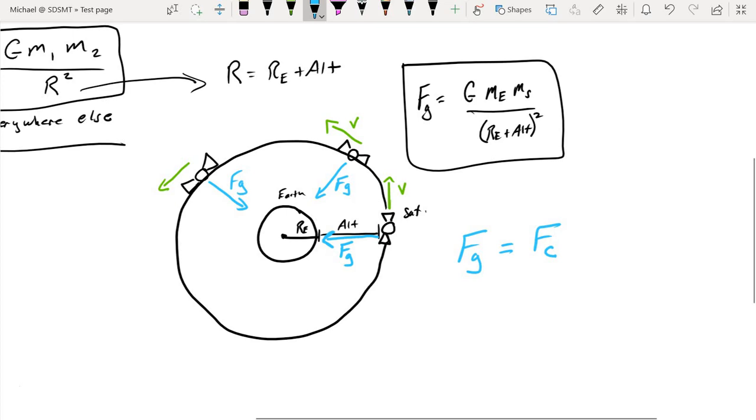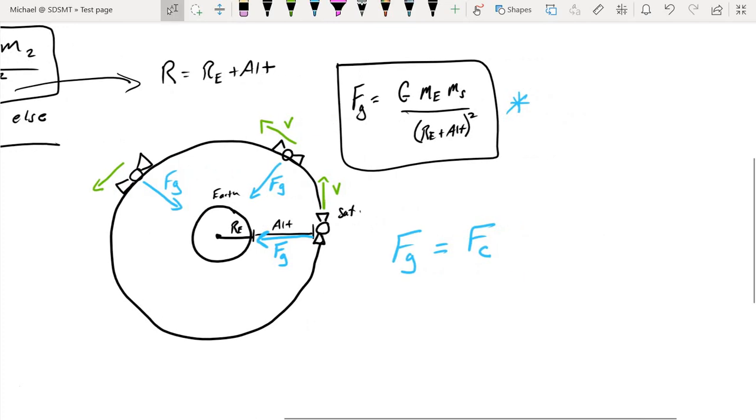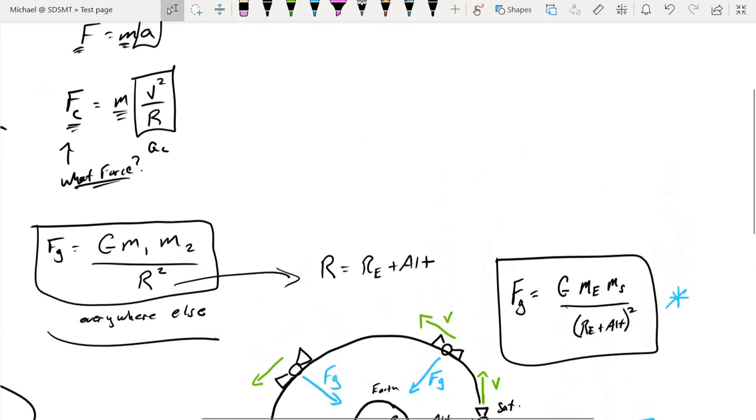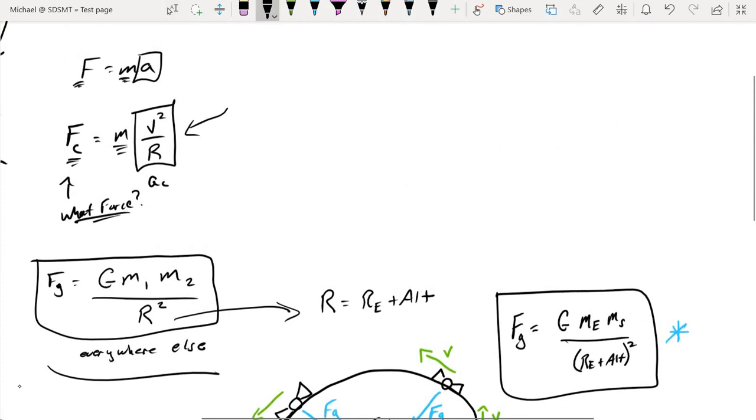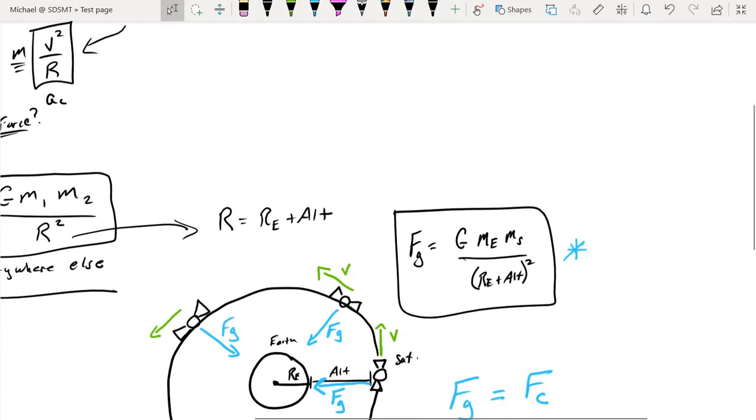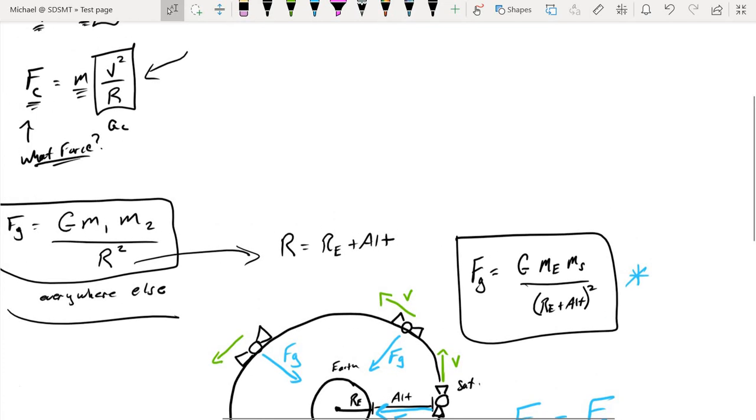That means I can set the gravity force, which we just put together, equal to the expression that we had right up here for centripetal force.